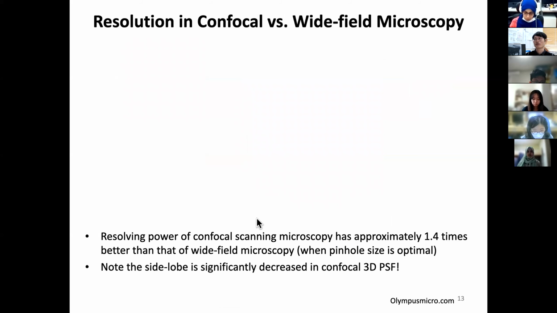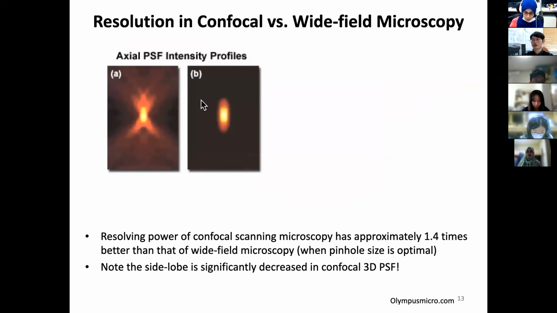How does it compare with the wide field microscope in terms of resolution? Here's an example. This looks a little weird. The horizontal direction is lateral and the vertical direction is axial. Because the fundamental geometry is axisymmetric, you can just plot in this way to show the three-dimensional point spread function.